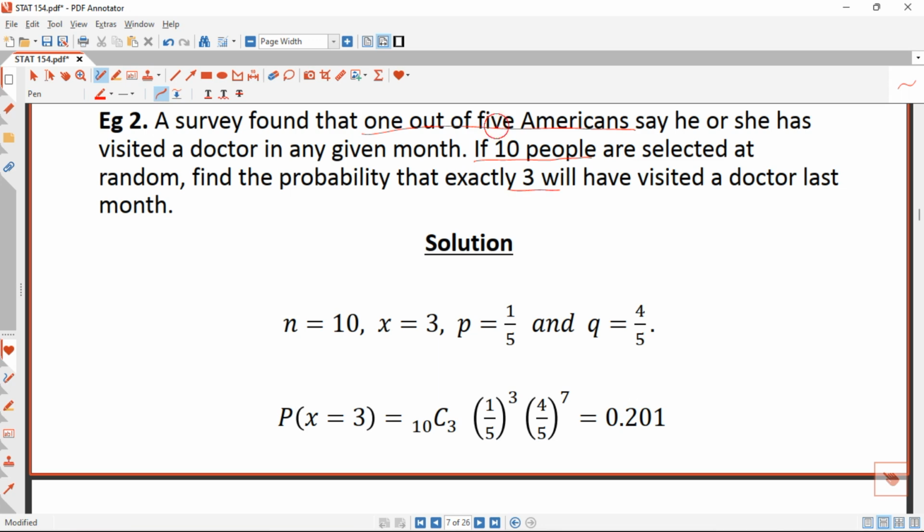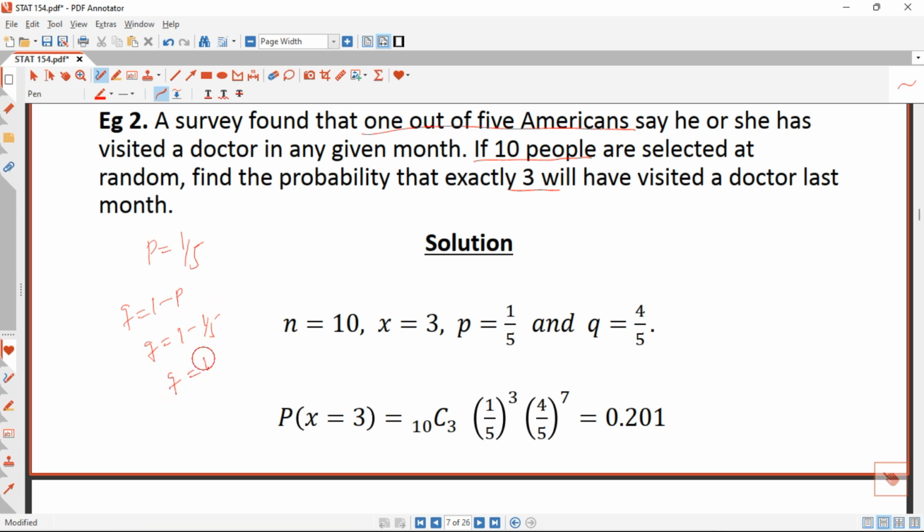So once you have p, definitely you are going to have q. We see that he said a survey found out that 1 out of 5 Americans, so here our probability of success is 1 over 5, people seeing the doctor. And then our q is just 1 minus p, which gives us q equal to 1 minus 1/5.